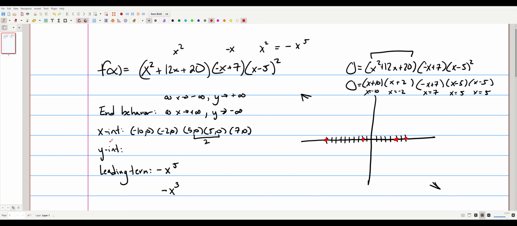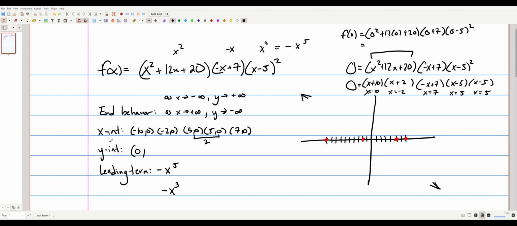Okay, and so now let's find our y-intercept. And how do we do that? Well, we set x equal to 0. So we know for our y-intercept, x is going to be 0. And what happens when we plug x equal to 0 in here? If we plug in f of 0, we get 0 squared plus 12 times 0 plus 20, times 0 plus 7, times 0 minus 5 squared.